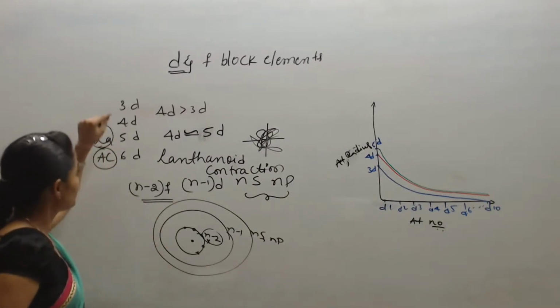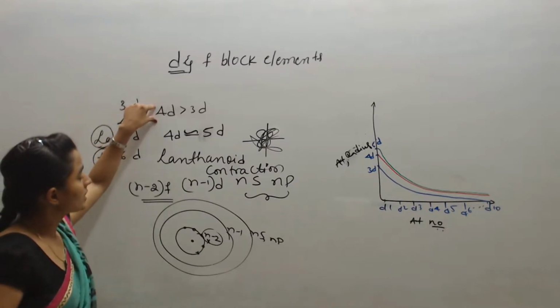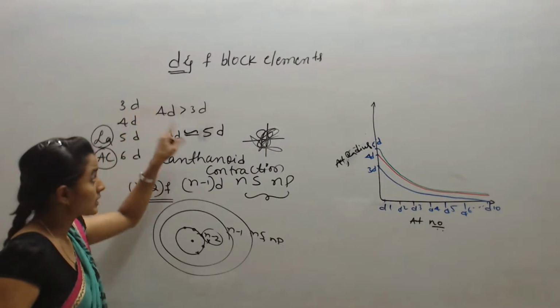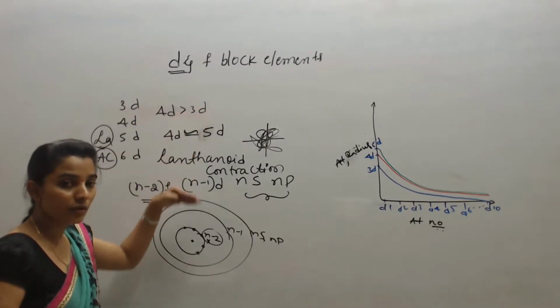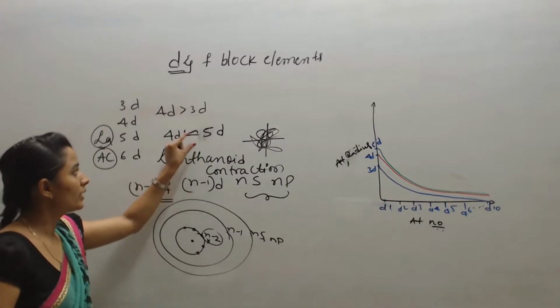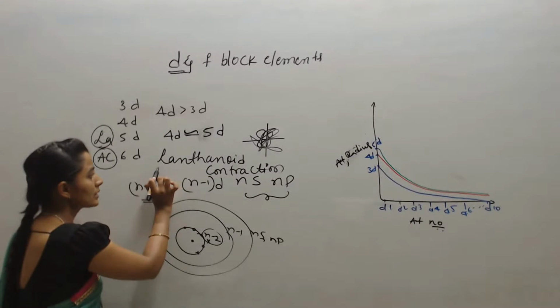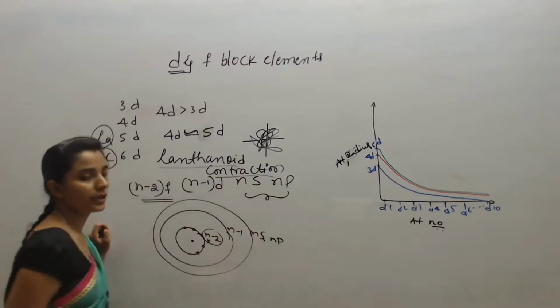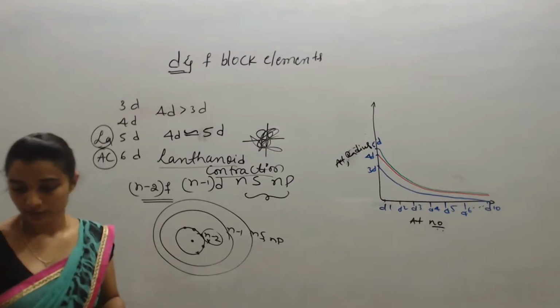So this is 3d, 4d, 5d and 6d series. The size of the 4d series is of course appreciably greater than the 3d series. They follow the trend, but 4d and 5d show similar size because the involvement of f block elements leads to lanthanoid contraction. So this is the trend.